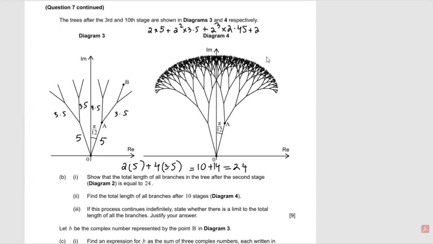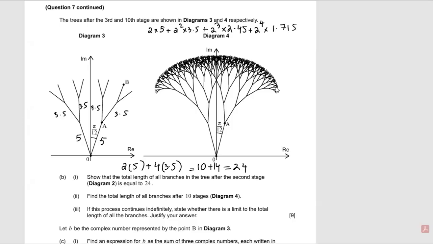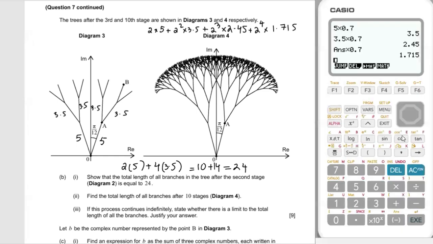And let's check one more just to show you that this does follow a geometric sequence. So if I do the answer times 0.7, let's see what we get. That's 1.715. Okay, so this is definitely going to be a geometric sequence.